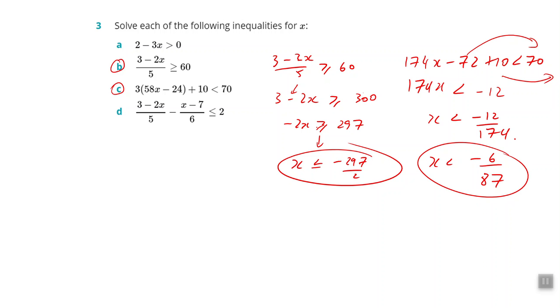So that's basically how you approach inequalities. Remember, if you're dividing by a positive number, that doesn't change the sign of the inequality, but if you're dividing by a negative number, it does.